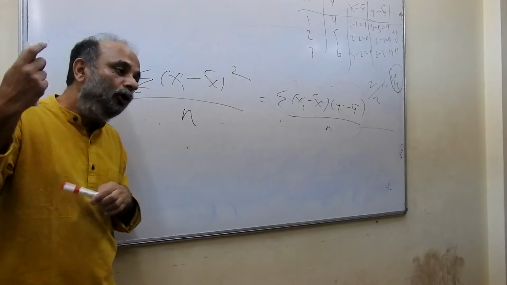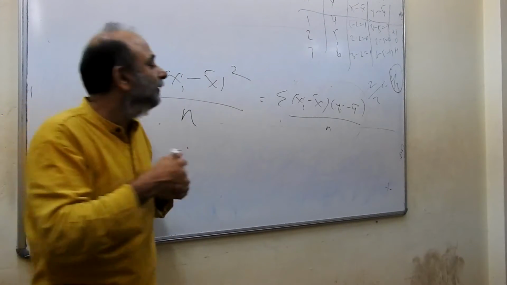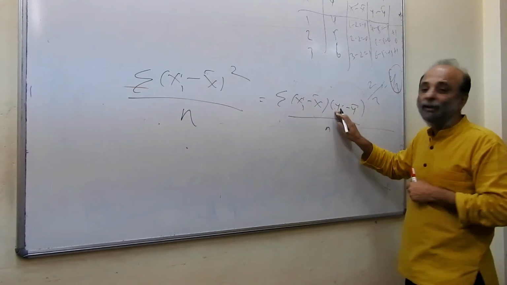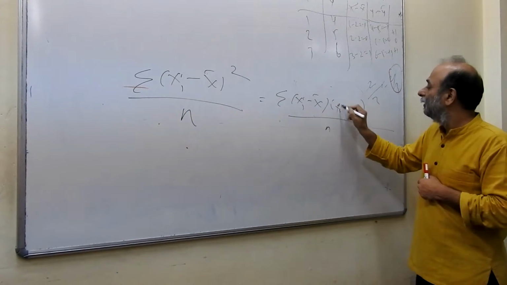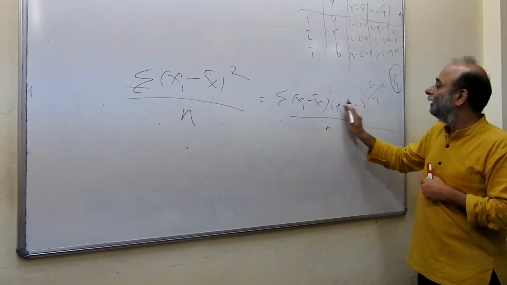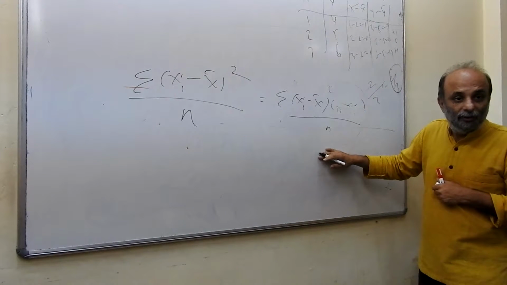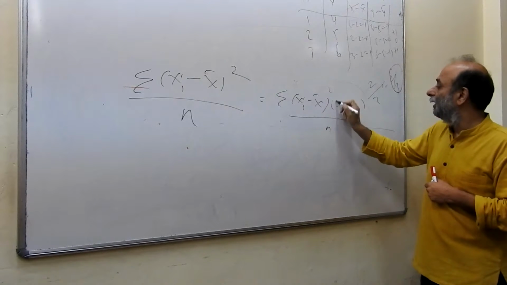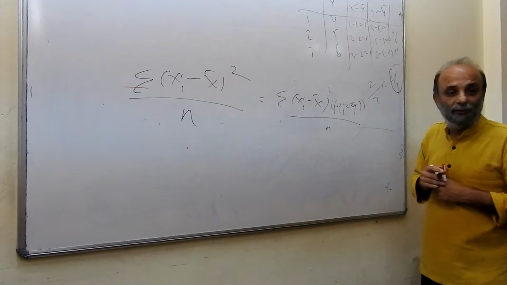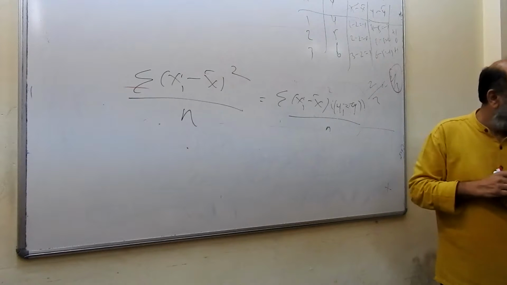This quantity is called covariance. Why the term variance? Because actually if instead of yi minus y bar, I just replace this by xi minus x bar, I will get xi minus x bar square, I will get the variance. Right? So this is my formula. Okay.